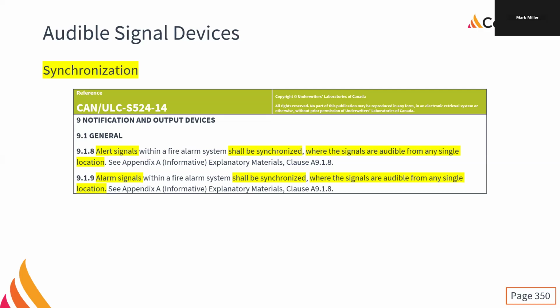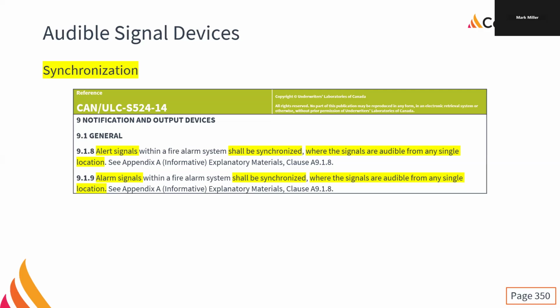Some of the horns have dip switches on the back, we can make them synchronize, but sometimes we have to rely on the panel to provide synchronization. Edwards is really bad at synchronization.